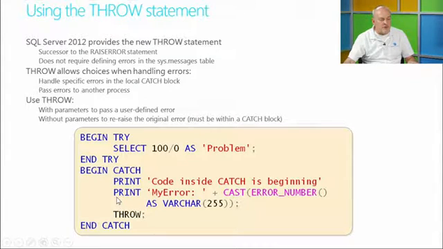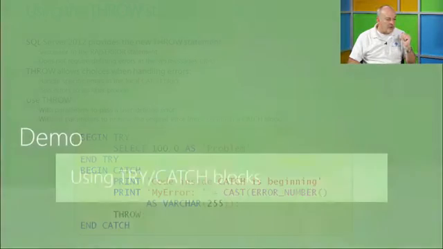So throw was introduced in 2012, and that's going to give me some choices for how I respond to an error that occurs, in this case in that try section. We can use the throw for passing parameters to a user-defined error, or without parameters to re-raise the original error, the error that was caused originally.